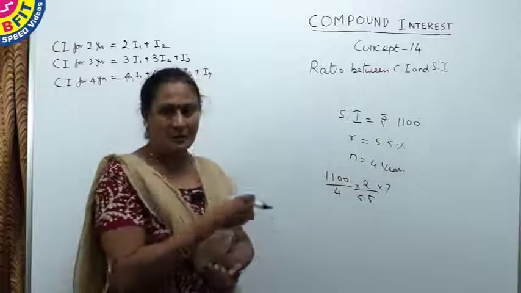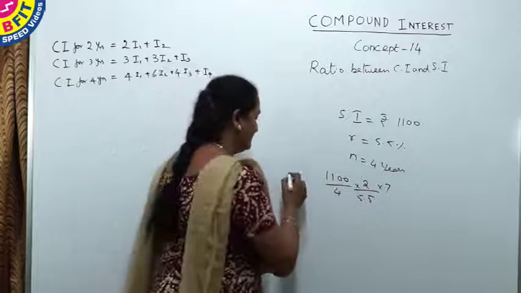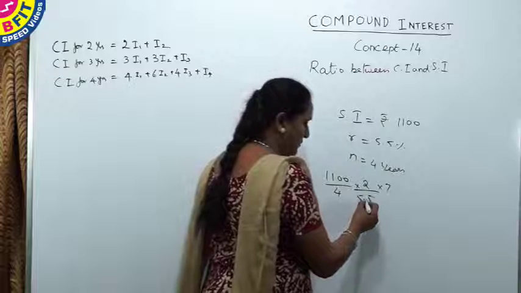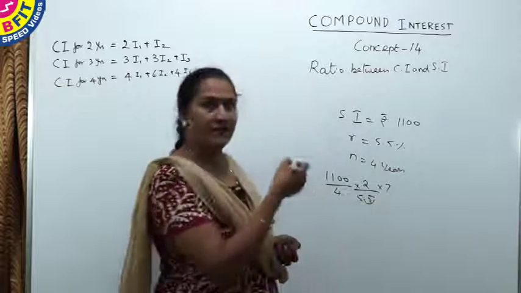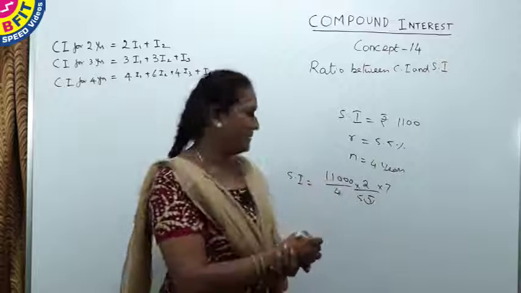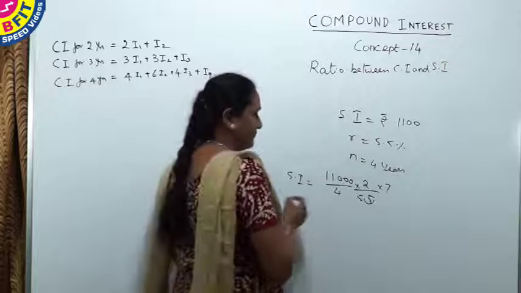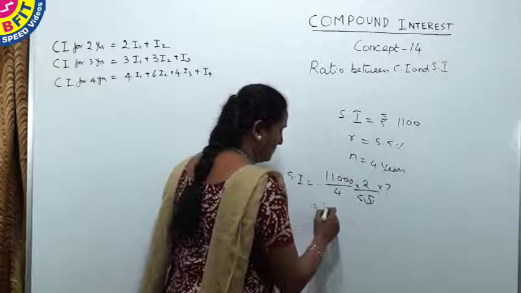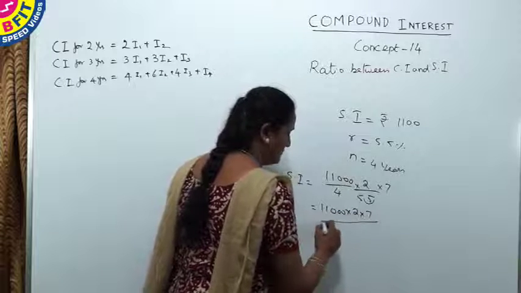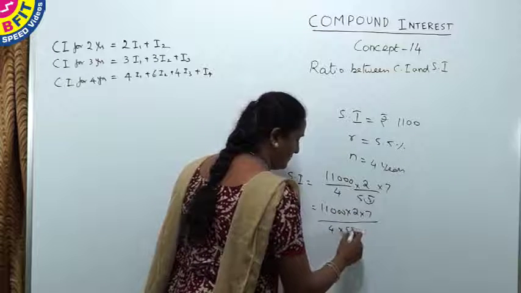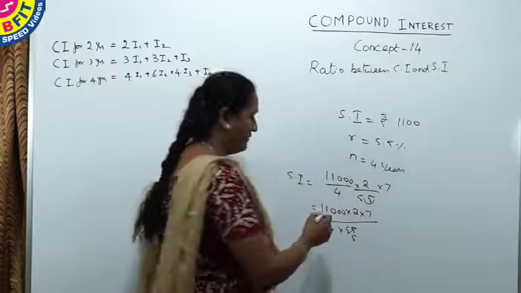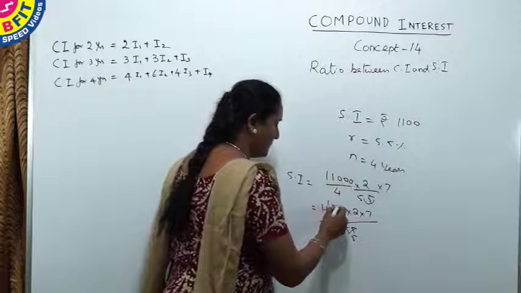So we will see what will be the simple interest. To eliminate this decimal, we multiply by 10 in the numerator and in the denominator. So 11 times 5 is 55, and here it is 1000.